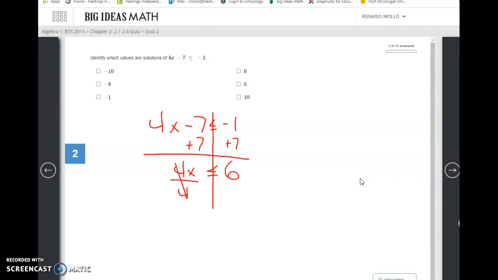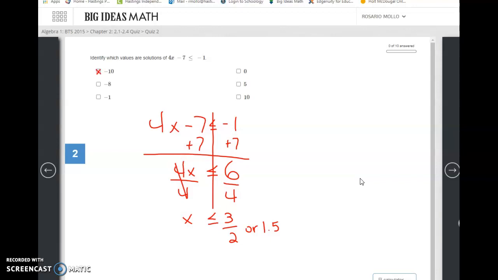I'm going to divide by 4 on each side because it's times. And I get x is less than or equal to 6 over 4, which is the same as 3 over 2. Since we have actual numbers up there instead of fractions, I'm going to go with less than 1.5. So anything less than 1.5 is going to be a solution.